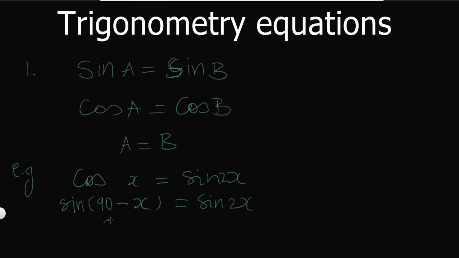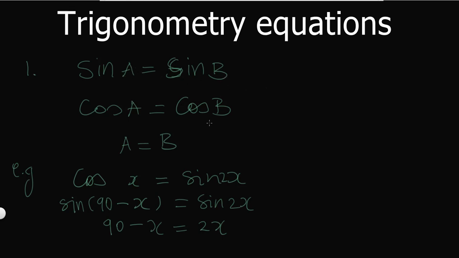Therefore, now I have a sine, so I can have sine of 90 minus x equal to 2x. So whenever you have a question, make sure that you have sine both sides or cos both sides, then you equate the angle.